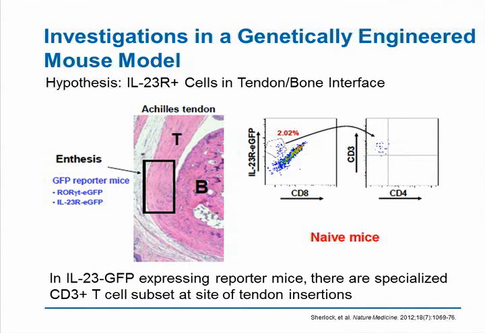To begin their investigations, the hypothesis was that IL-23 receptors had something to do with diseases at the enthesopathy. And here they have a mouse where they put a green fluorescent protein attached to the IL-23 receptor.